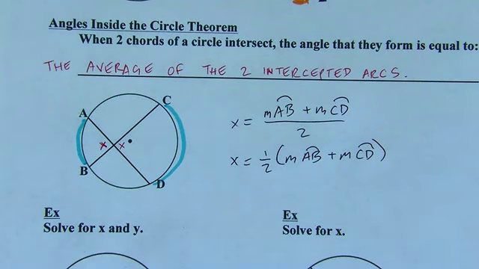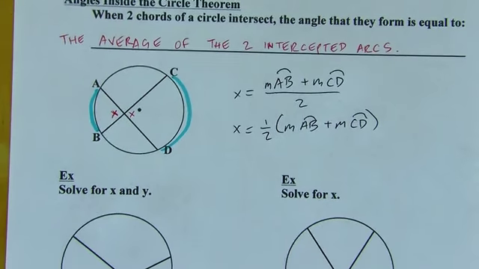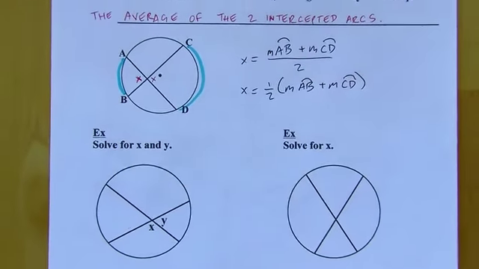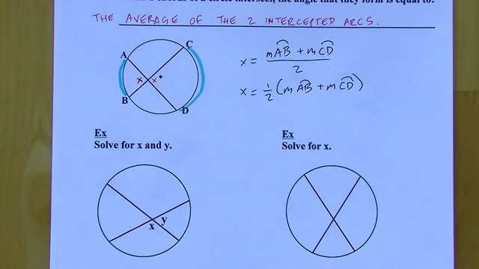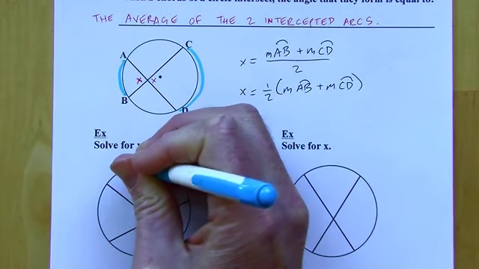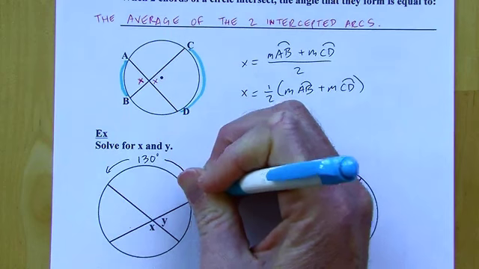Okay. All right, so let's try using this relationship in an example. We're going to solve for x and y here. On this next problem, I'm going to put some given info in here, and I'll do that in black pen so you can tell what the given info was.